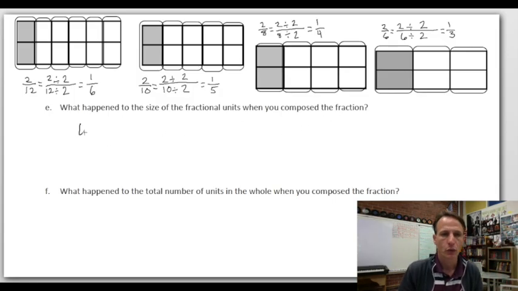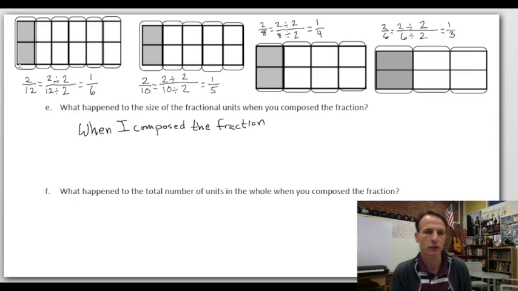Okay, so, answer in a complete statement here, when I composed the fraction, and by composing the fraction, what we simply mean, that's when we drew our little rounded rectangles there, when we grouped together those parts. When we compose the fraction, what happened to the size of the fractional units?